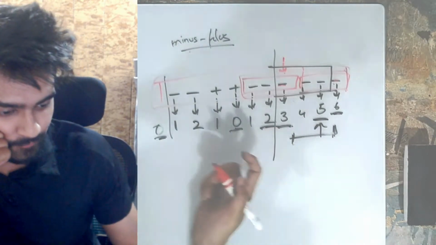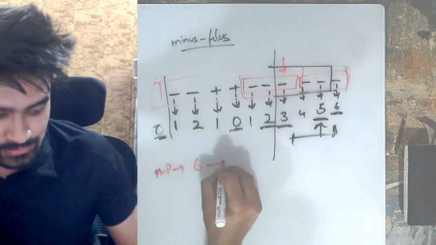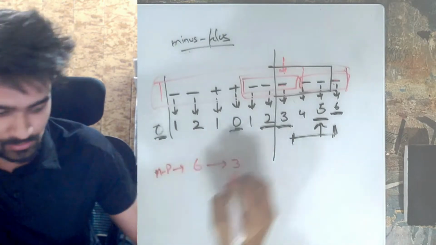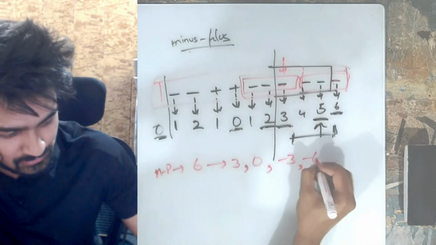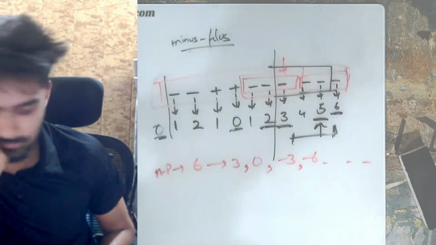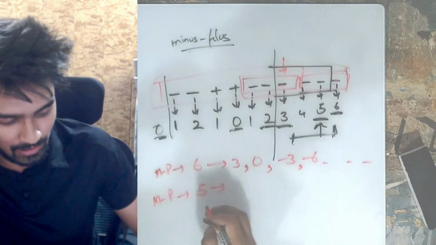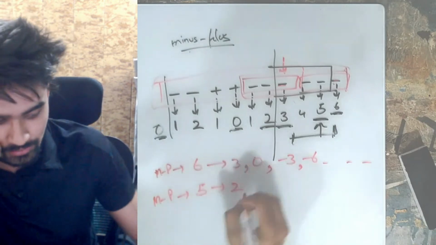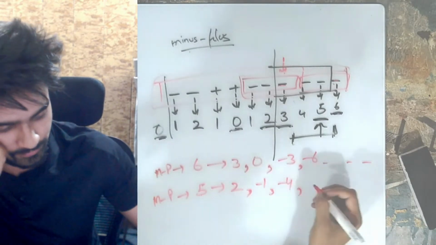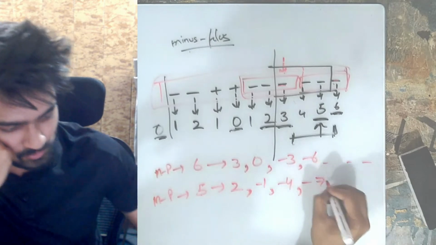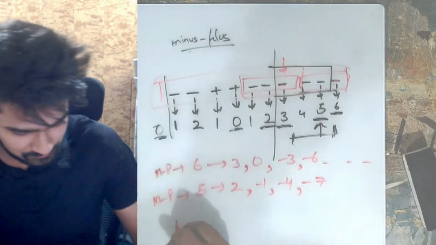If you have your m minus p equal to 6, this 6 will have the count of 3's you have before this, the count of zeros you have before this, the count of minus 3's, the count of minus 6's you have before this, and so on. If your m minus p is equal to 5, then it will have how many 2's you had, how many minus 1's you had, how many minus 4's you had, how many minus 7's you had.